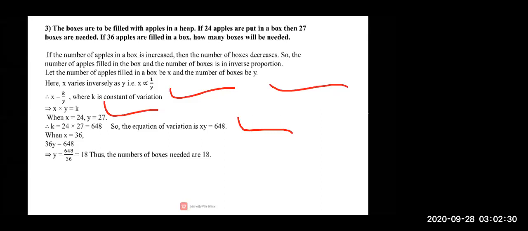So y equal to how much? Y equal to 648 divided by 36. When we divide 648 by 36, we will get answer as 18. That means the number of boxes needed is 18, when there are 36 apples filled in a box.